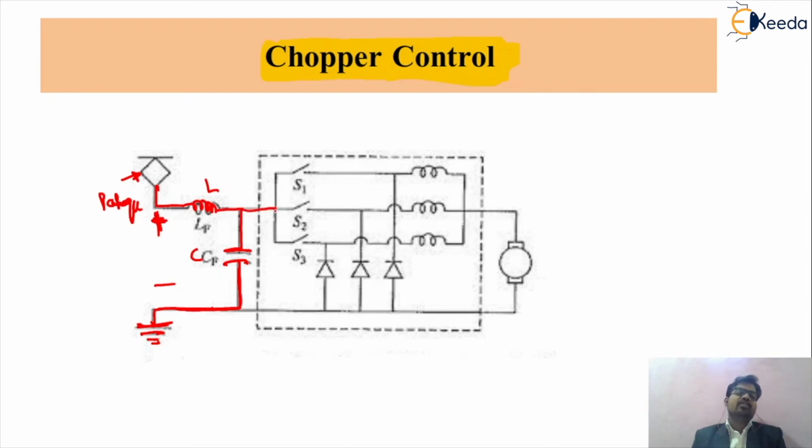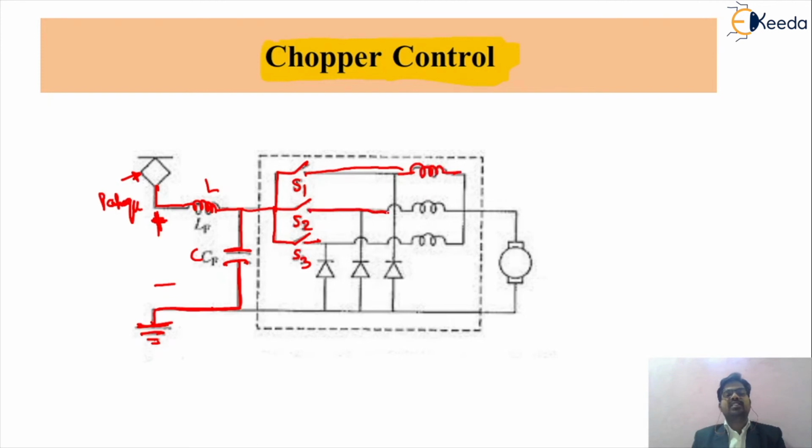Now the DC supply is available to that chopper control. Basically, in chopper control we are using three switches: switch S1, switch S2 and switch S3. These three switches are connected to the series winding of your DC series motor.